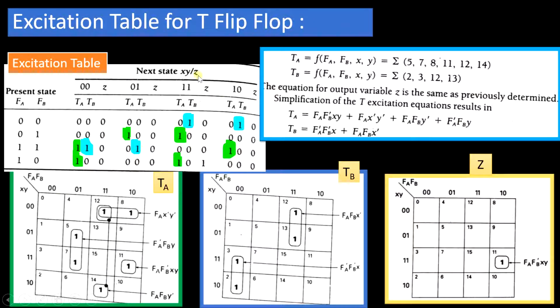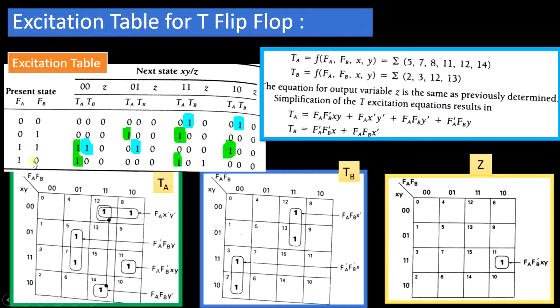Again, you have an output variable Z, and that is equal to logic 1 only at this particular place. So I am going to write the minterms in a similar manner to the way I have done earlier. But this time, since I know the procedure, directly I have written 1100. 1100 is equal to 12.